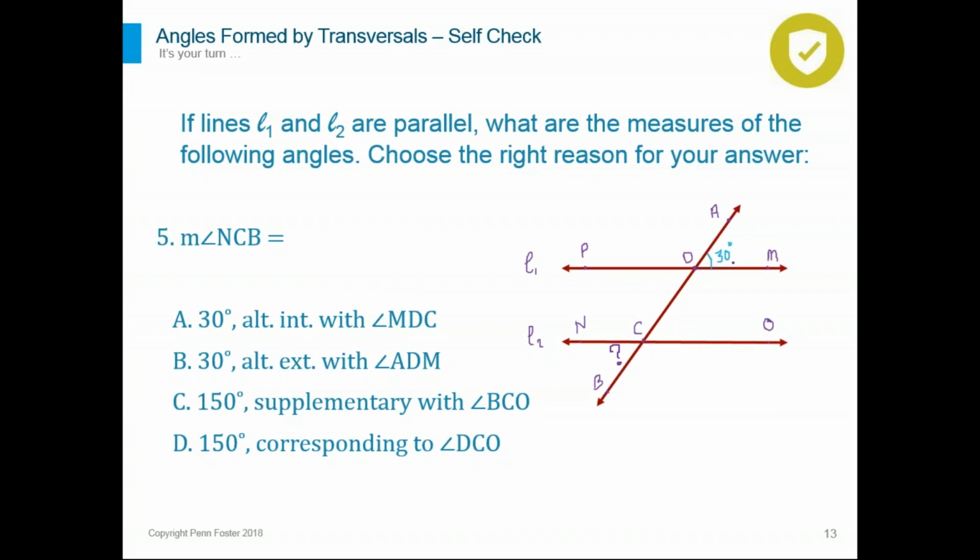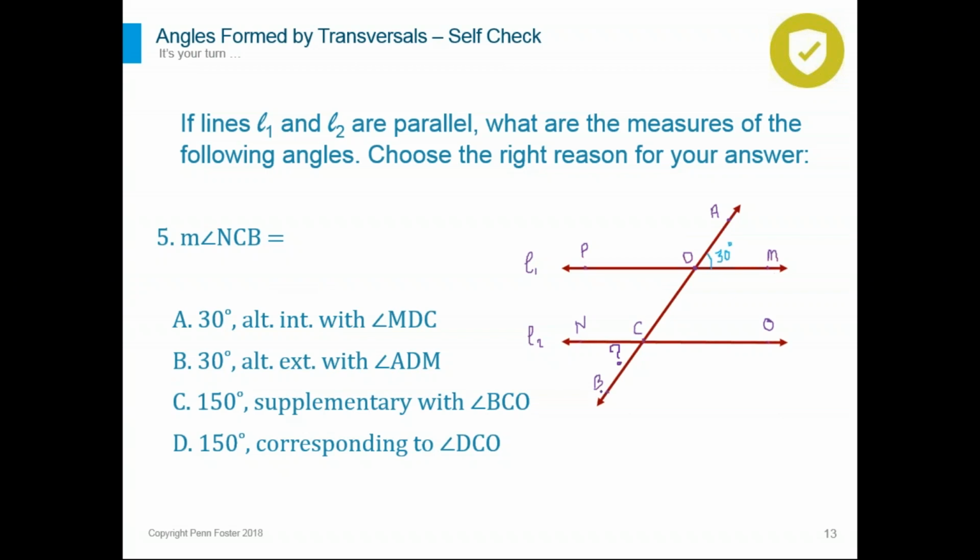What should I use from those facts? Is it 30 degrees because it's an alternate interior angle with MDC? Are these 2 angles alternate exterior angles? Or 30 degrees because alternate exterior angles with ADM?